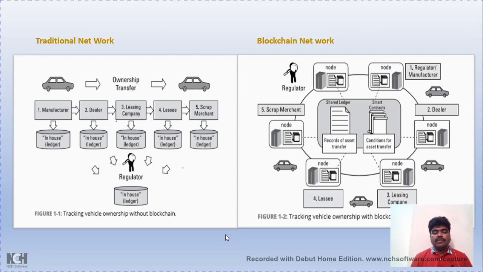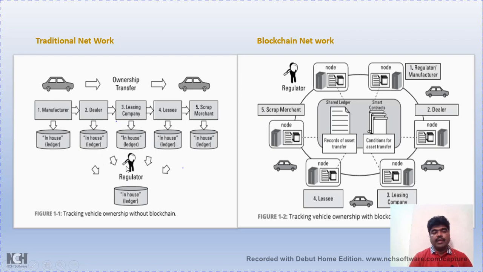The manufacturer has specifications and its own data within its own database, and when it is transmitted to the dealer, he maintains his own ledger, and the leasing company has to maintain its own book or ledger, and so on until the end of scrap management. These are the various distributed ledgers being used. Each database has one copy, and the regulator has its own copy.